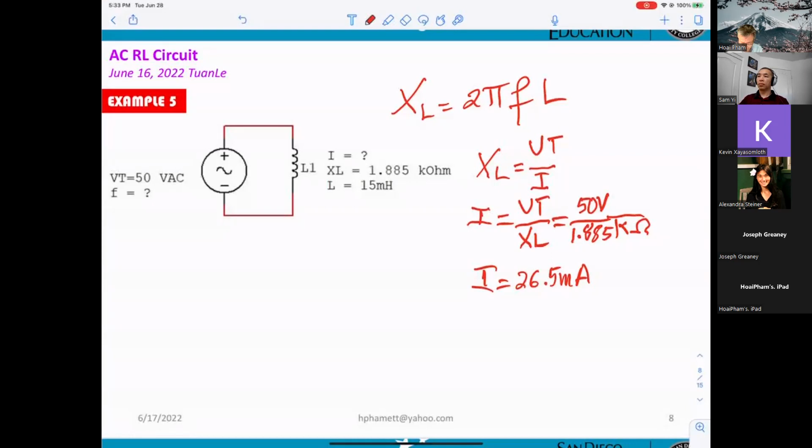Now let's see. You already know XL, and you already know L, so you're able to calculate the F. What does F equal?